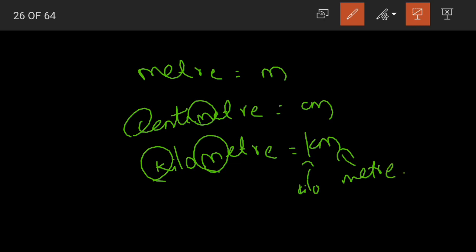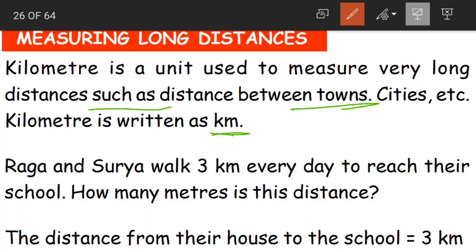Understood, children? So next time when you are traveling somewhere, you can try and observe the distance between the two cities or towns. When you are traveling, you will find many signboards saying the distance. Suppose you are traveling to Hyderabad, it would be written as Hyderabad 181 kilometers.